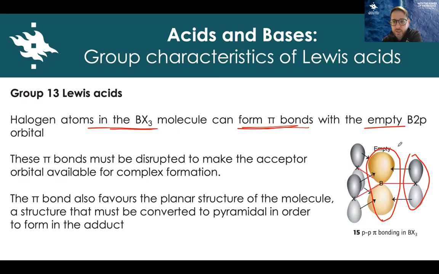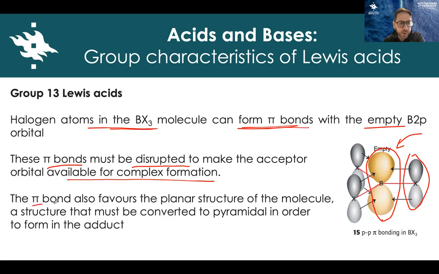And then for the formation of an acid-base adduct in which these orbitals receive an electron pair from a base, this requires that these pi bonds between the central boron atom and the neighboring halogens be disrupted, so that these orbitals are then available for the formation of the complex or the bond with the incoming base.